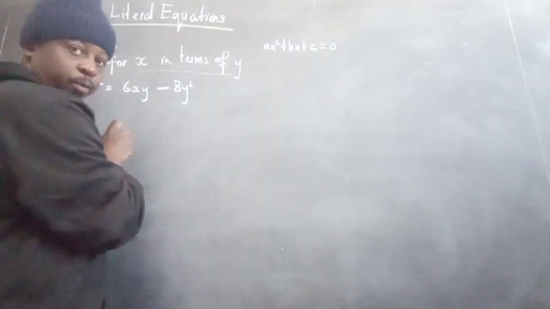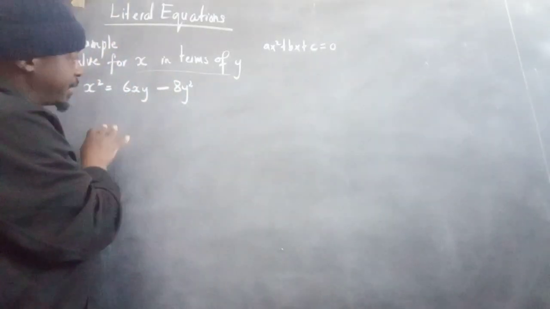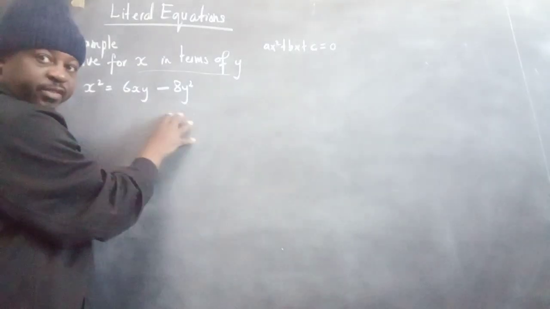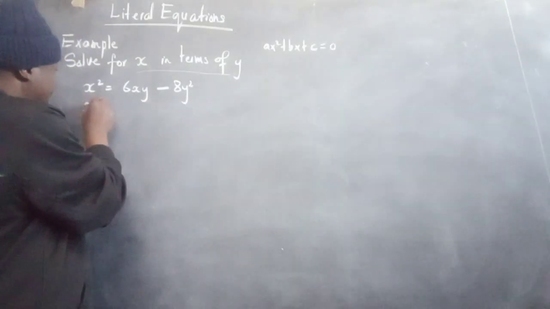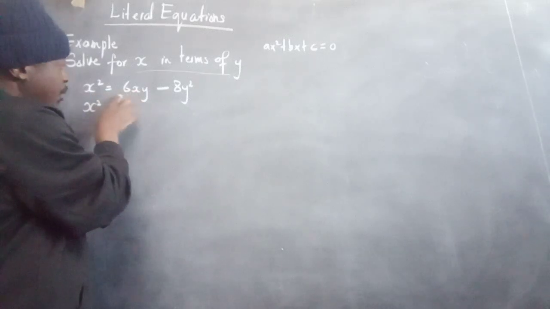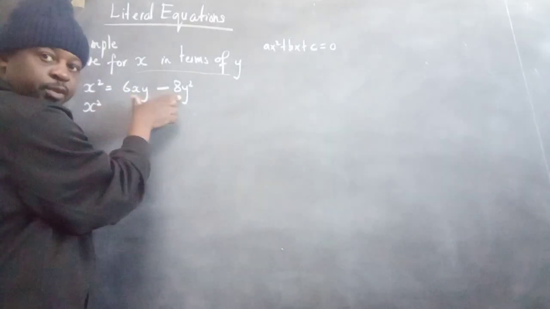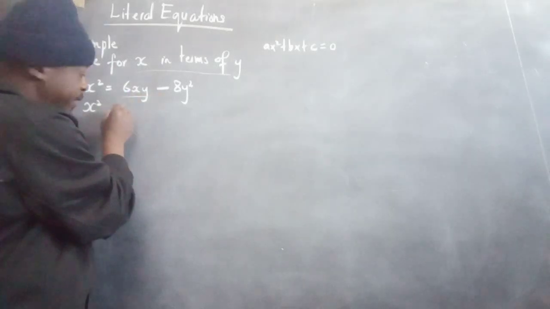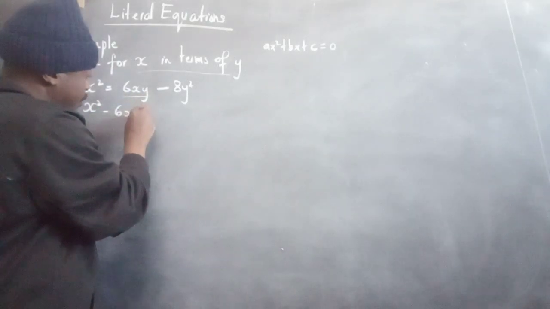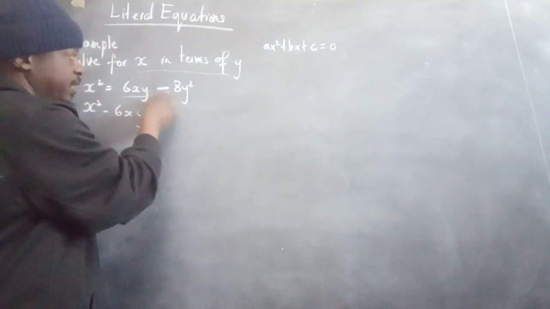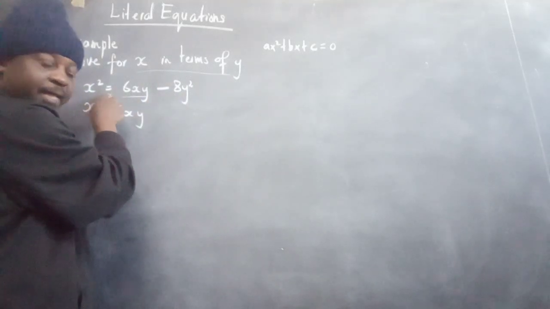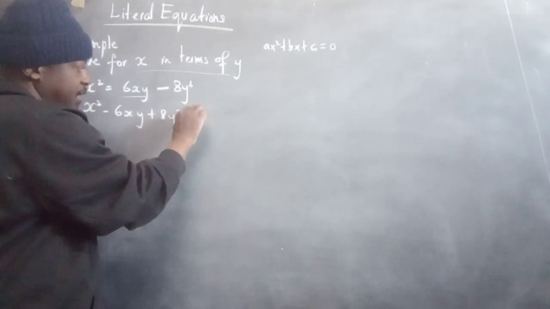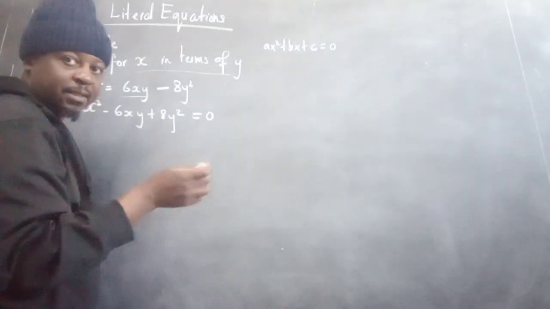So now we bring that idea here, and first things first, we have to rearrange these terms. I'm going to write x squared, and take these terms to the left hand side. This becomes a negative 6xy, and when this one crosses over this sign, it becomes a plus 8y squared, leaving the right hand side as 0.